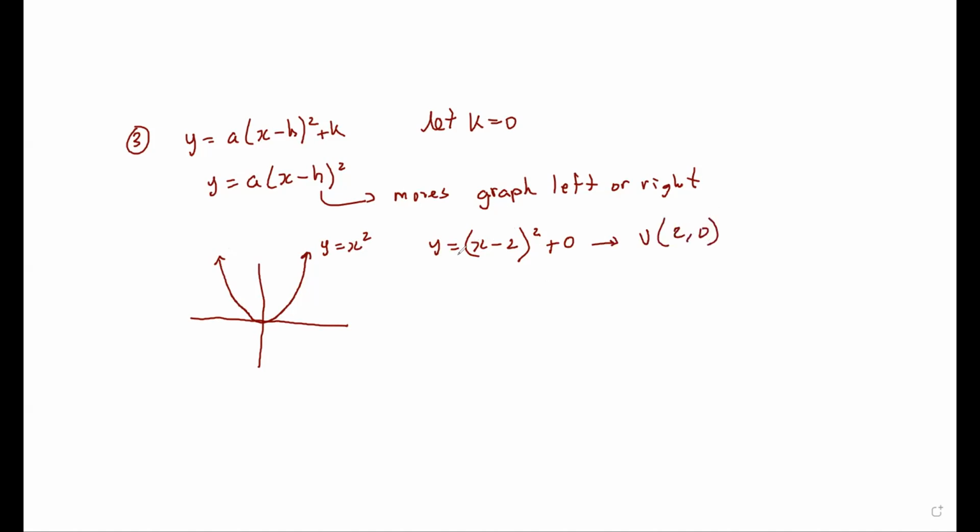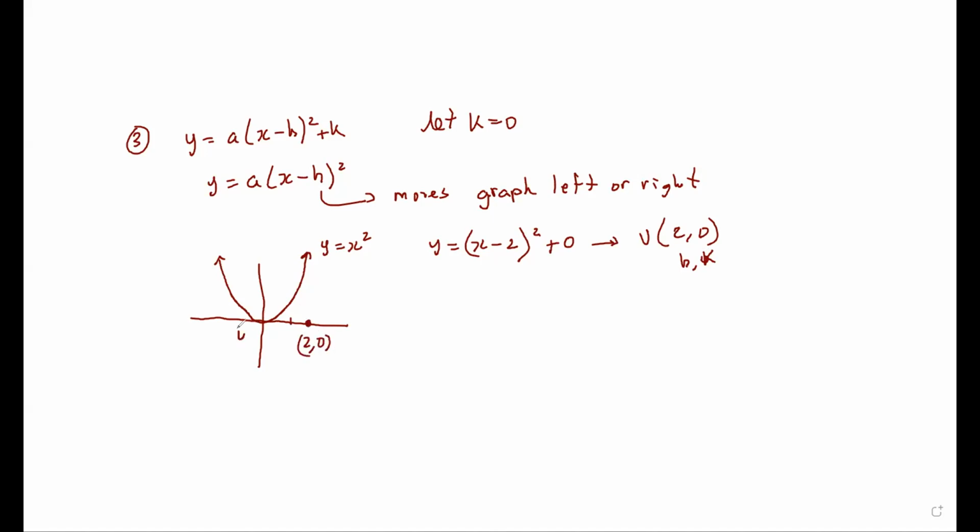Okay, so this is the vertex of a new graph, this one here. So x minus h, so h is 2, k is 0. That's k. So (h, k) is (2, 0). Where is (2, 0)? 1, 2, here. So this is the point (2, 0). This is the new vertex.